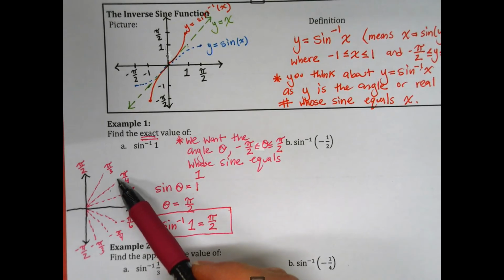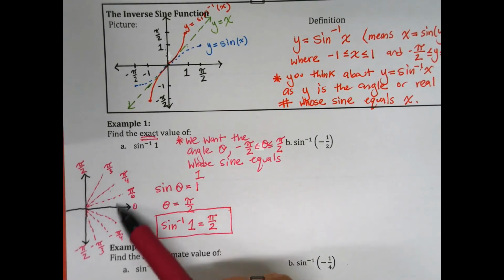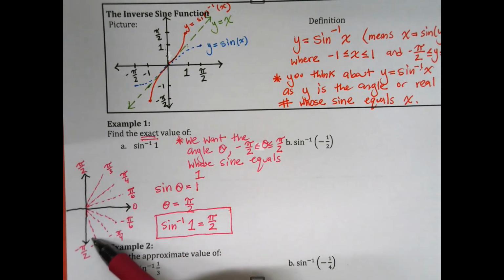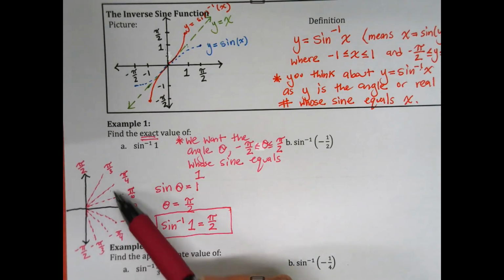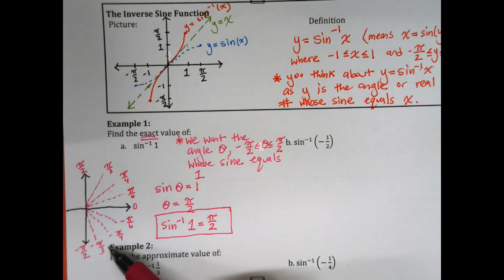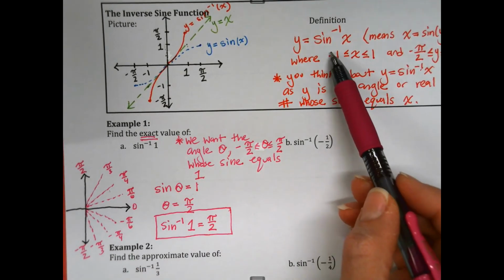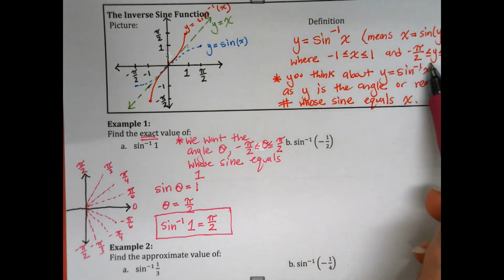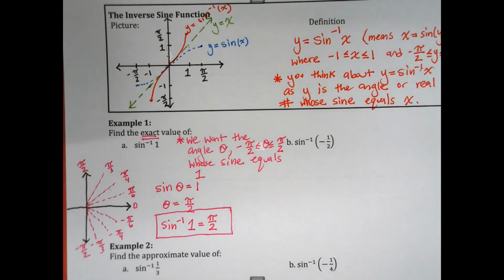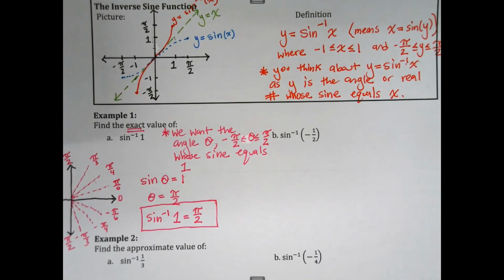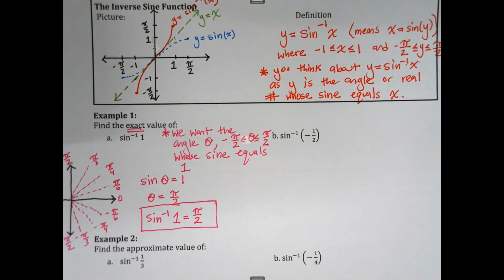So when you're finding the inverse sine, you're always going to focus only in quadrants 1 and 4. But 4 is in the negative direction. And that is because our sine value has to be restricted for outputs from negative pi over 2 to positive pi over 2 to make the inverse a function.